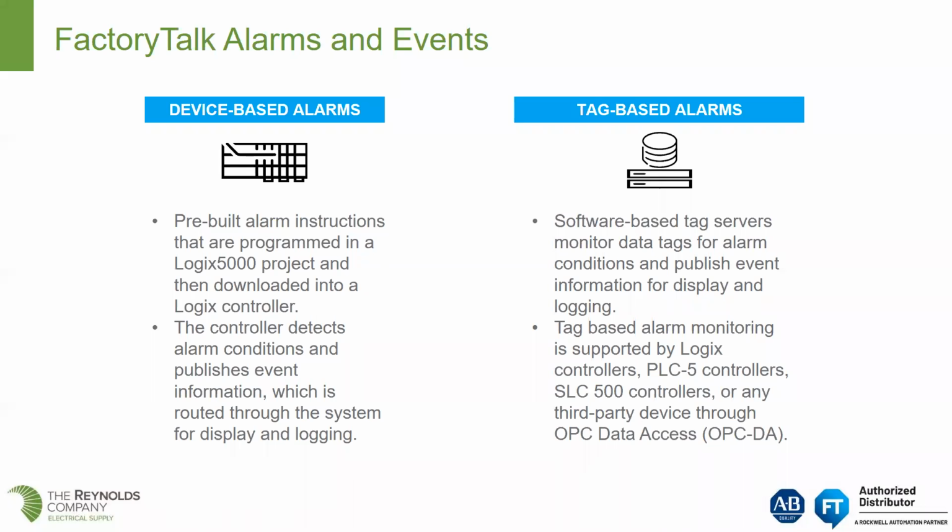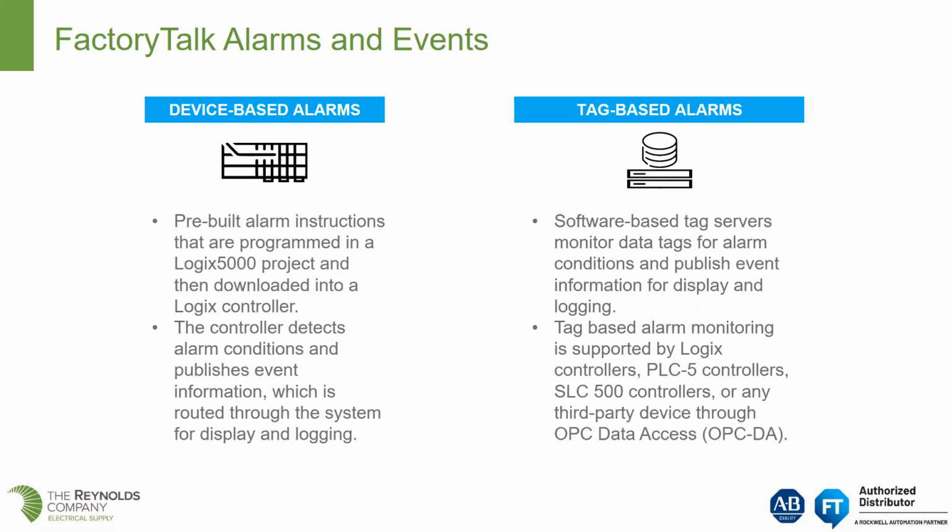FactoryTalk alarms and events is handled in FactoryTalk View SE. So FactoryTalk View SE uses a service in the FactoryTalk Services Platform that is called FactoryTalk Alarms and Events. That would be different from RSView32. In RSView32, the alarms were issued from the RSView32 application.